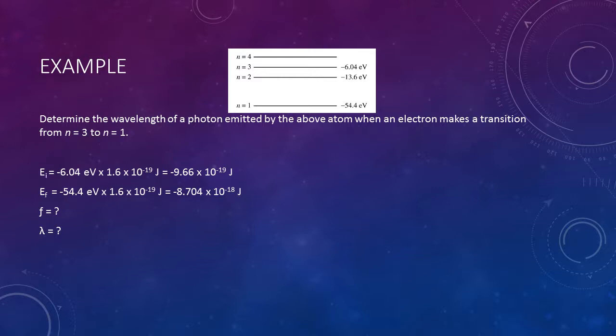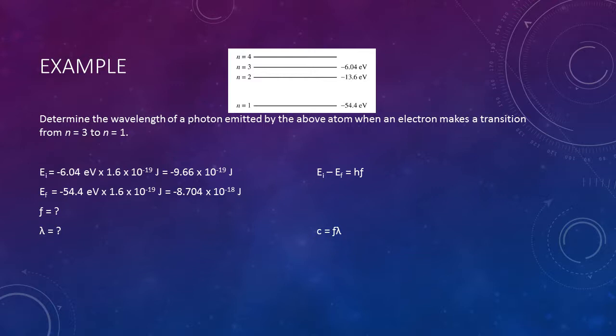And again, I do that just by multiplying by the charge of an electron, which is 1.6 times 10 to the negative 19th. This will give me my initial energy is negative 9.66 times 10 to the negative 19th, and my final is negative 8.704 times 10 to the negative 18th. I'm going to stop saying numbers from here on out because you can look at them and copy them down.